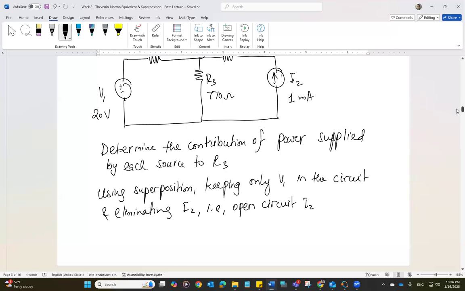On any linear circuit, you can apply superposition, and the contribution due to each independent source can be found individually by eliminating the other sources, opening the current sources and shorting out the voltage sources. One by one, we do that, and we find the contribution due to each source. And the total contribution will be the sum of all the contributions.